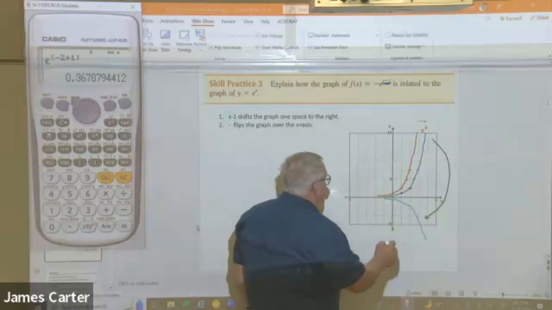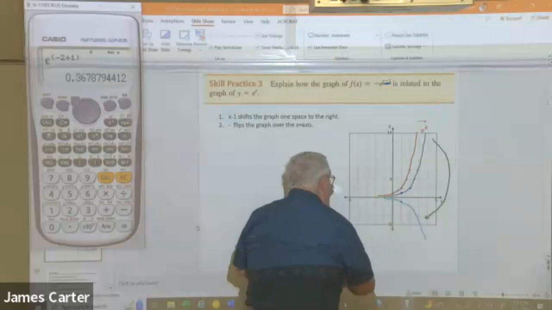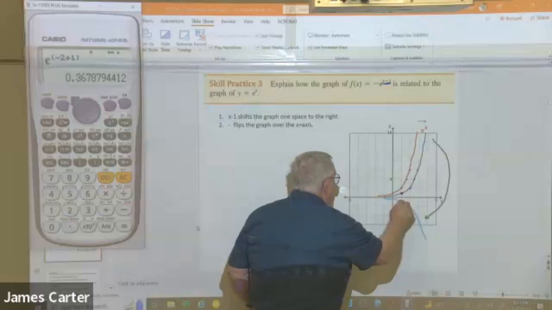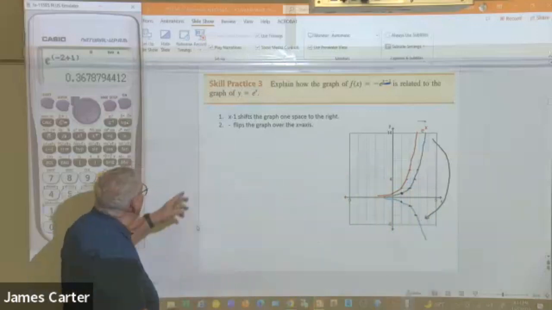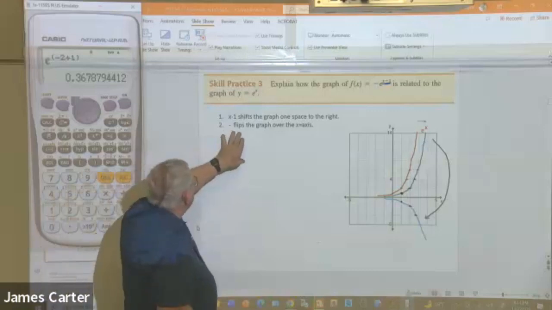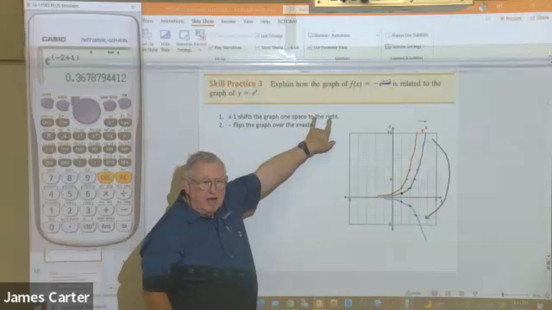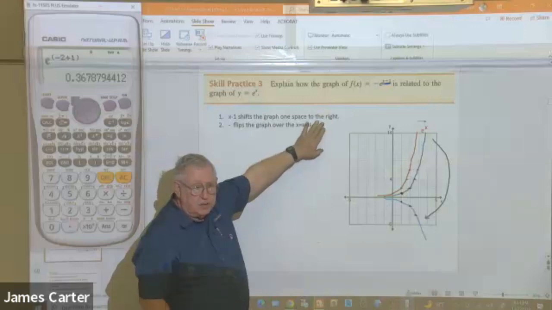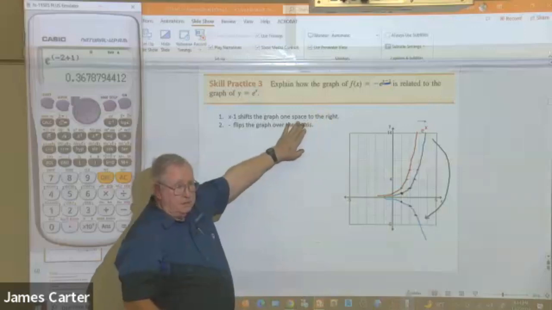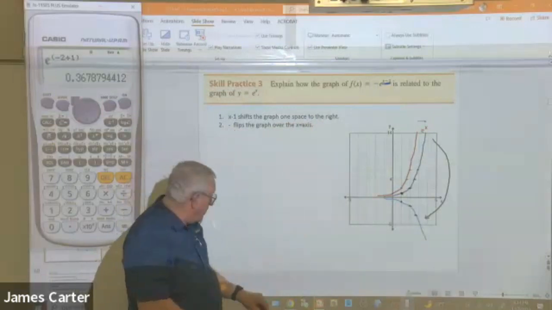So this point becomes here, this one becomes here, and so on. Okay, so what are we doing here? What changes do we do? The x minus 1 shifts one space to the right, and you're going to have to write out explanations like this. That's your expectation. Then the negative flips it across the x-axis.